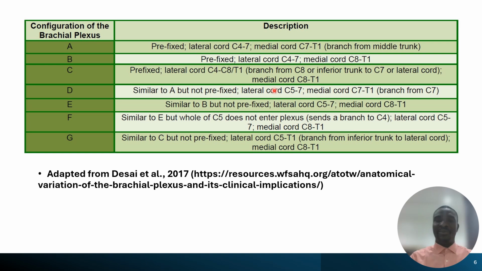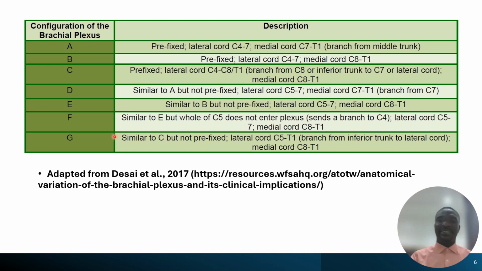It has the same roots C5, C6, C7, but lacks the contribution from C8, which is not the same as the classical. Now the E has the same thing, C5 to T1 as well, but then the lateral chord has C5 to C7, and then you have the medial chord varying from the classical model, having C8 to T1.